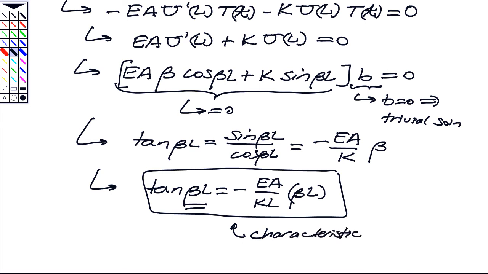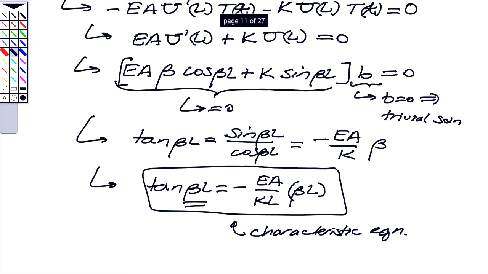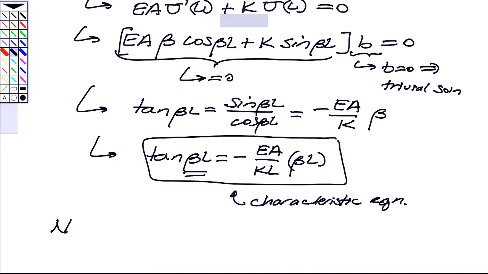It is different than the other characteristic equations we've run across so far in looking at the vibrations of the rod, the shafts, and the strings, in that there are no analytical solutions. No closed form solution for beta.